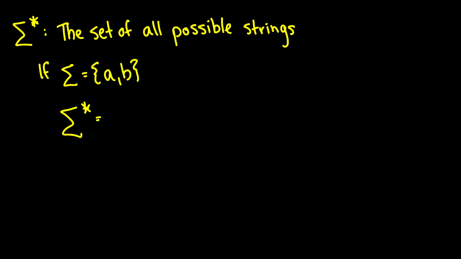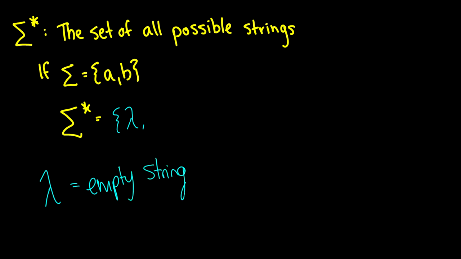So, if sigma is just A and B, then sigma star is going to consist of the empty string, which we call lambda. This is just not putting in any word, leaving it blank.